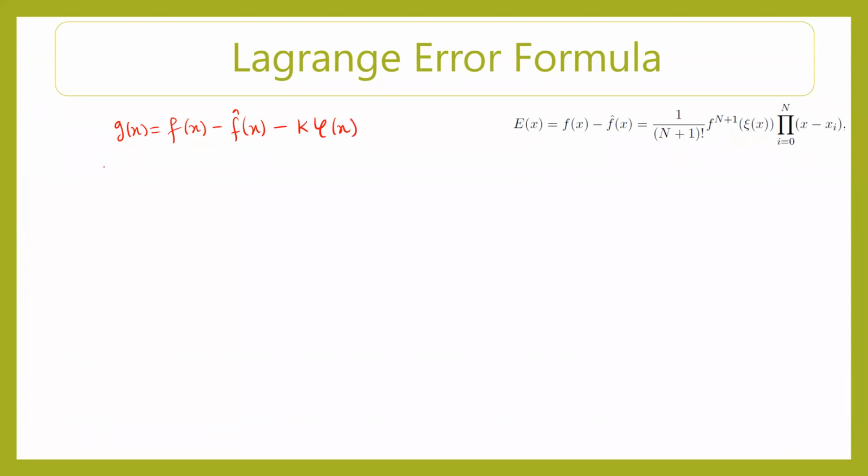And I want to differentiate G n+1 times. So G^(n+1) will be the derivative of the first guy to the n+1 term, minus the derivative of this one to the n+1, minus k times the derivative of this one n+1 times.